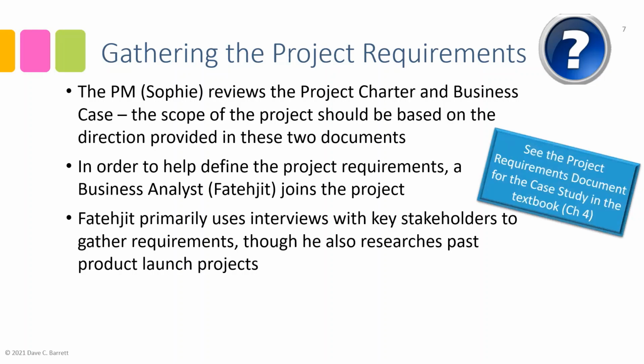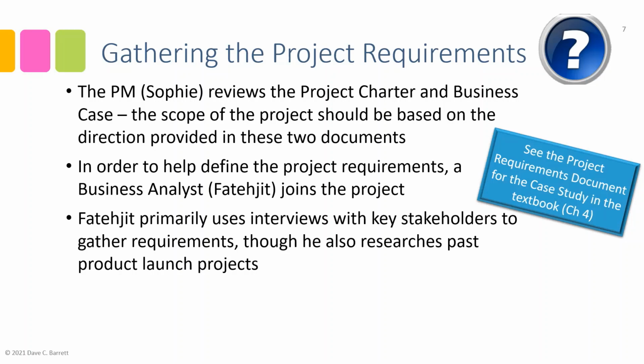You can see the completed project requirements document for the case study in the textbook. So please check chapter 4 and you'll find that on page 46. And you'll see that it is very factual in nature. It describes what the stakeholders require.